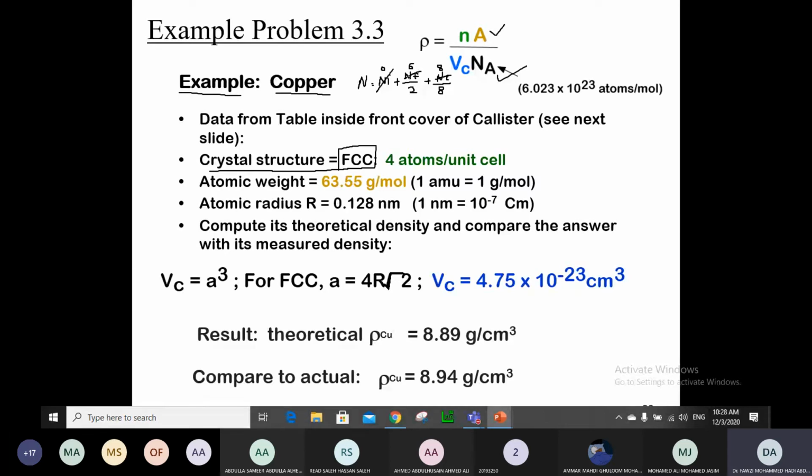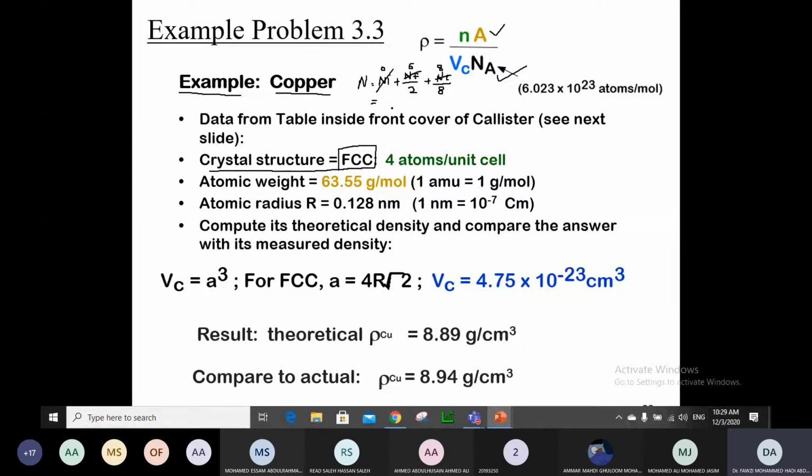We need to memorize them. I'm talking about metals, not all the materials in the world. We are concerned with metals, and specifically the ones that we are covering. I referred you to the inside back of your book, where you will have a table with all the important metals and their crystal structures.